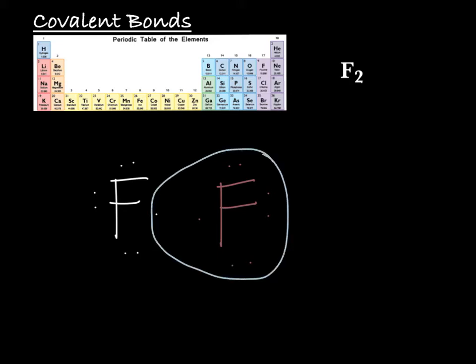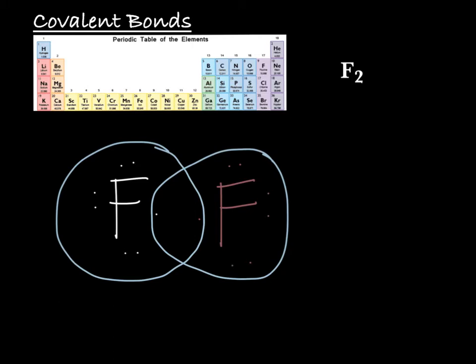If you draw a circle, now in the blue circle, if you count the electrons, I've got 1, 2, 3, 4, 5, 6, 7, and 8. So that fluorine atom is happy. And so then I'll draw another circle around this fluorine atom for all of its electrons. And again, we'll count them up. I've got 1, 2, 3, 4, 5, 6, 7, and 8.